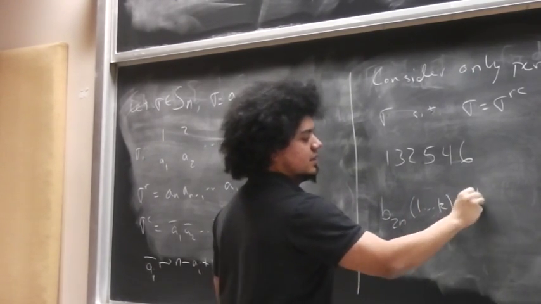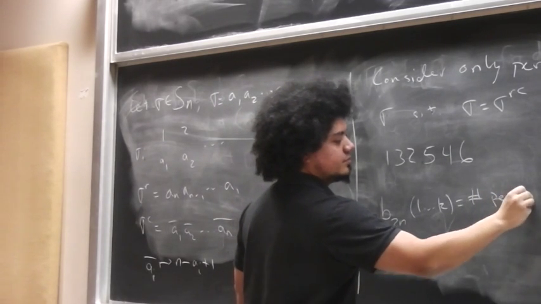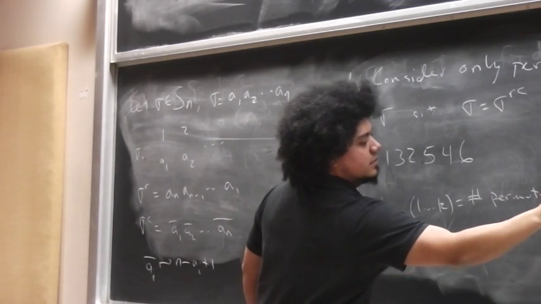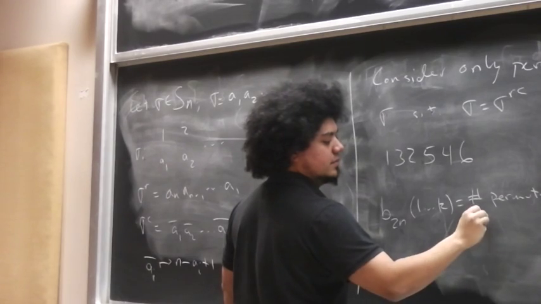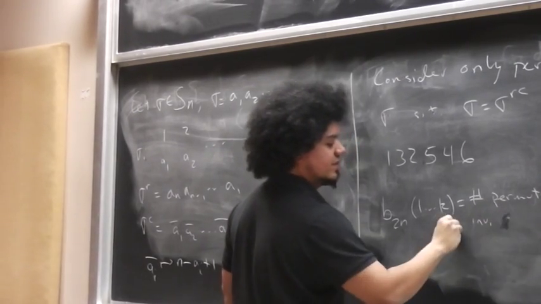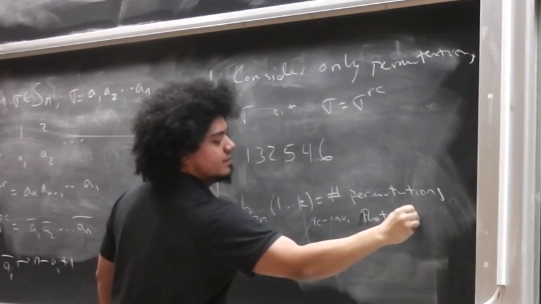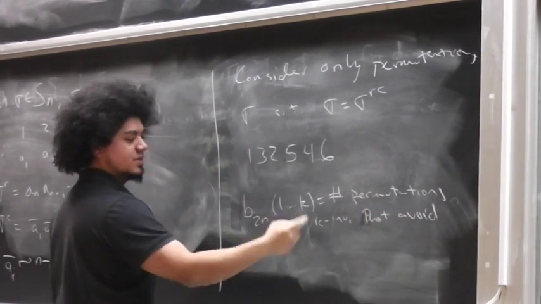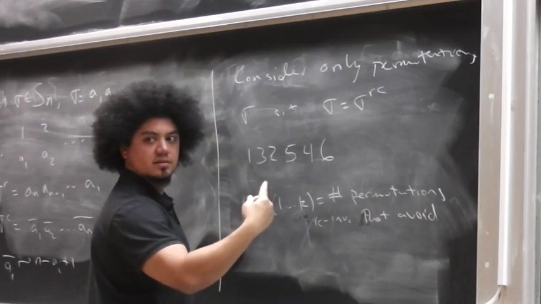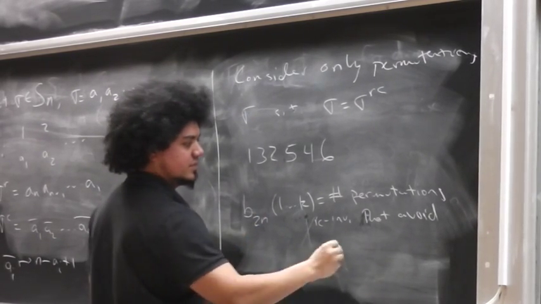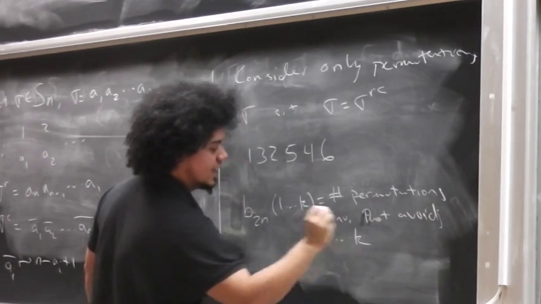So this is the number of permutations that are RC invariant and avoid, in other words, they don't have an increasing subsequence of length k, avoids 1 to k.